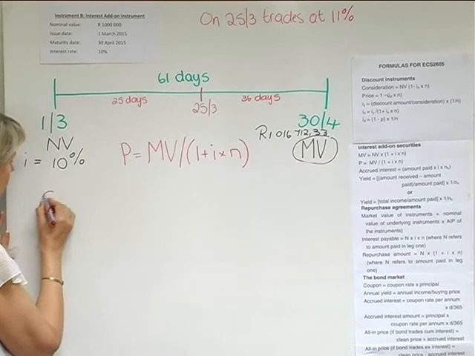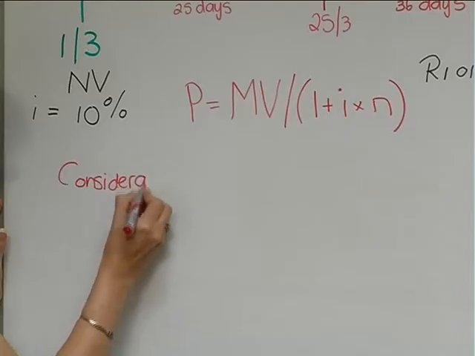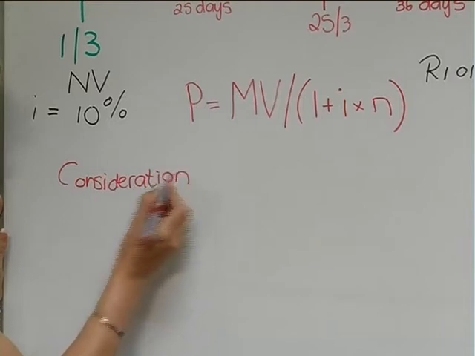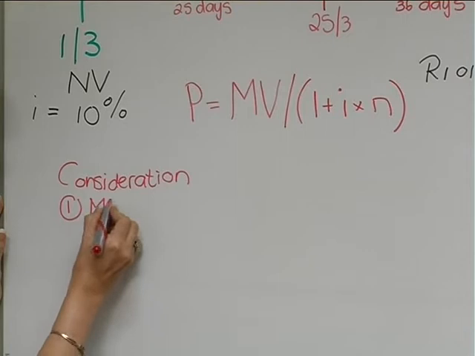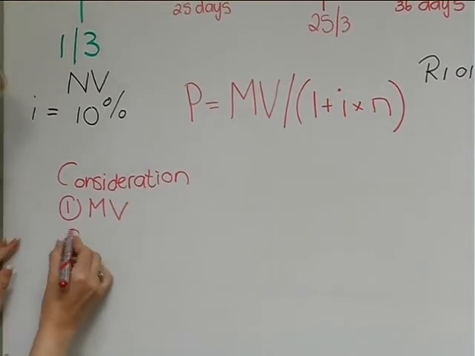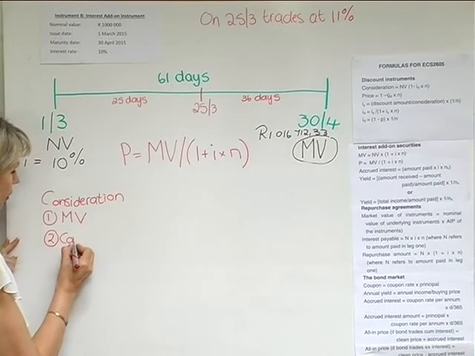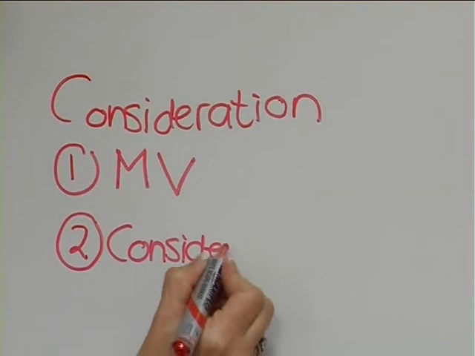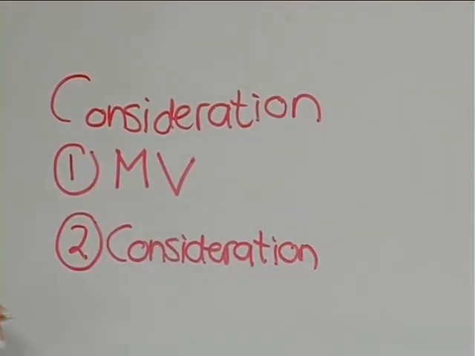To calculate the consideration, you have to do step 1, which is calculating the maturity value, and then you go to step 2, which is calculating the consideration using the maturity value that you calculated in step 1.